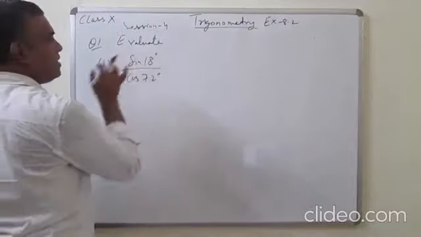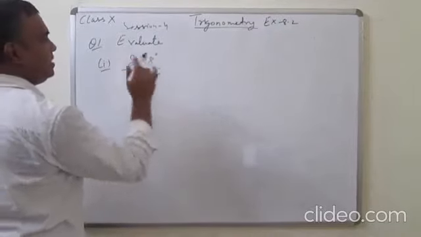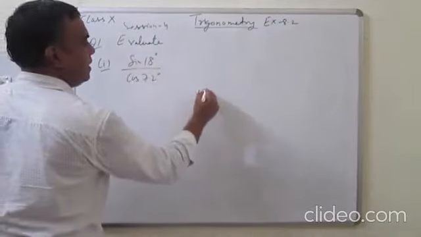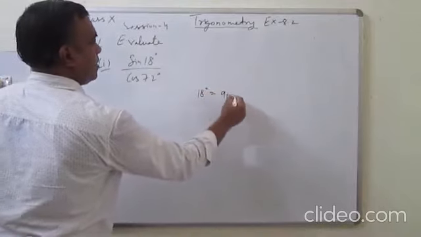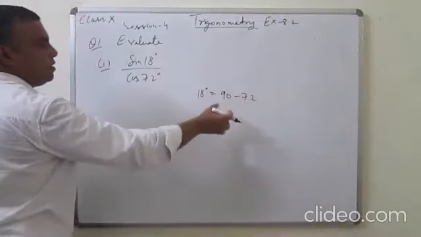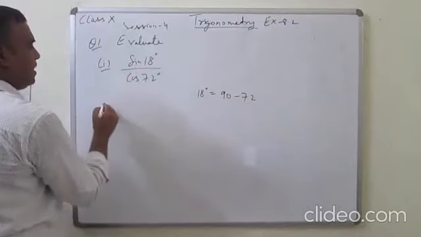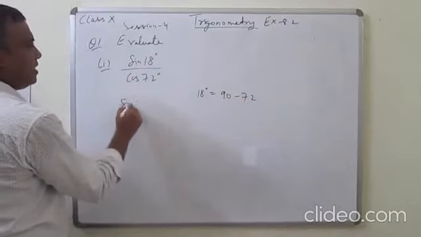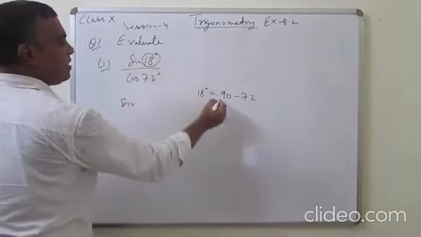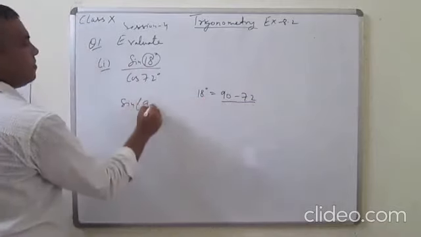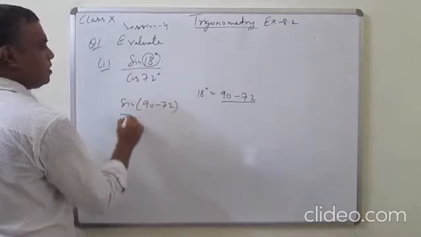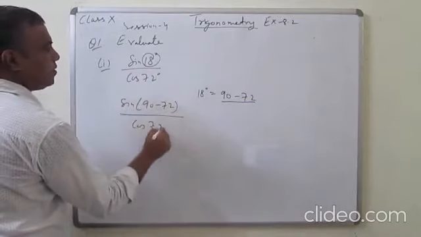One angle I will change in terms of 90. See here, instead of 18 we can write 90 minus 72. इसको सब्ट्रैक्ट करेंगे तो 18 ही आएगा. तो 18 की जगह अपन sin 90 minus 72 upon cos 72 लिख देंगे.